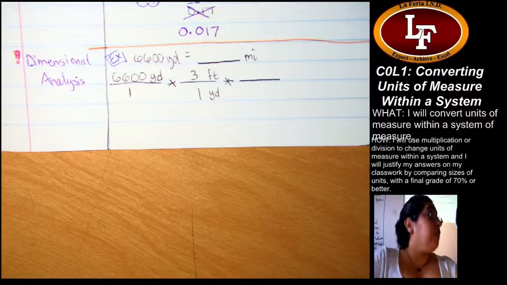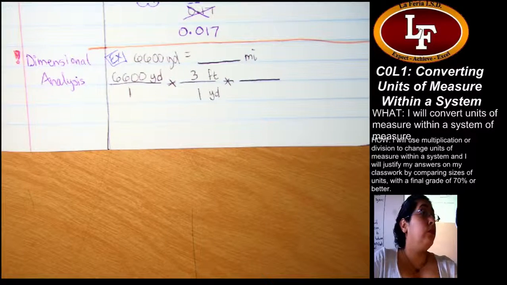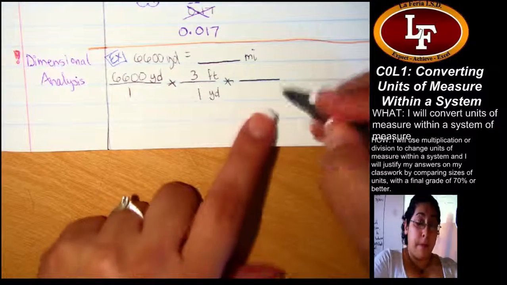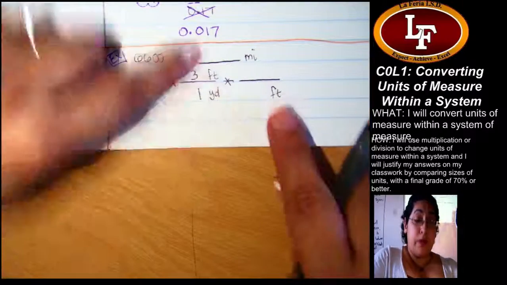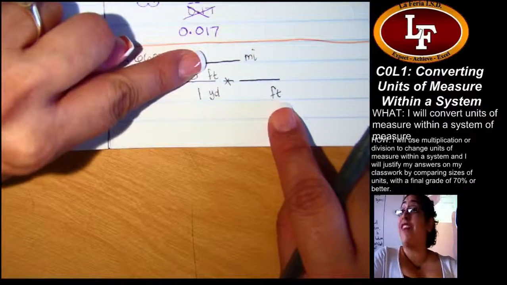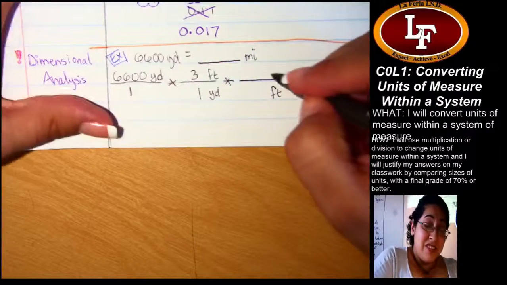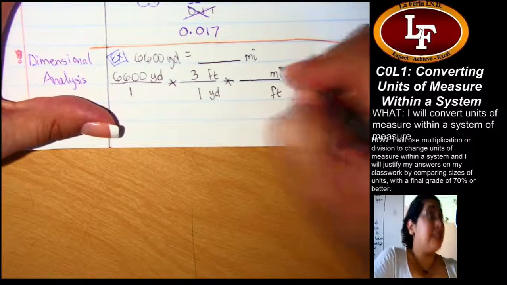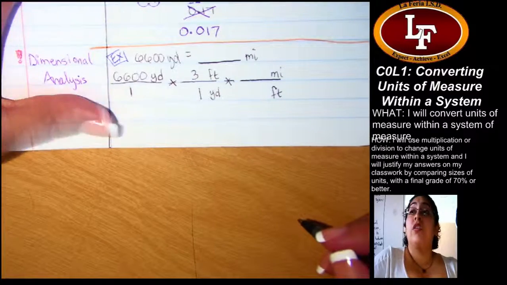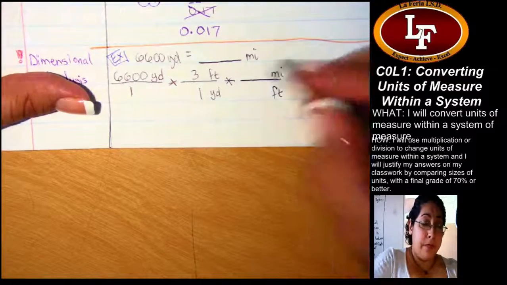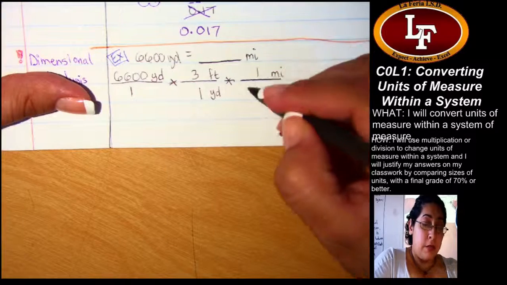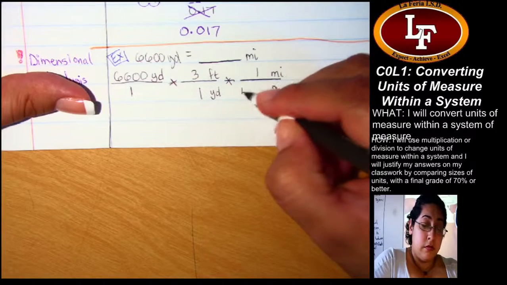Where should the feet unit go? The bottom. Why? Because to put it across from feet of the previous fraction. Nicely done. Which means the numerator is the only place left for the miles. Go to your conversion chart. What's the number with miles? And what's the number with feet? 5,280.